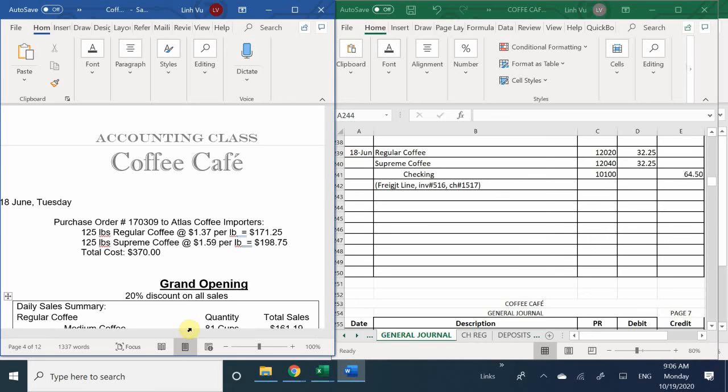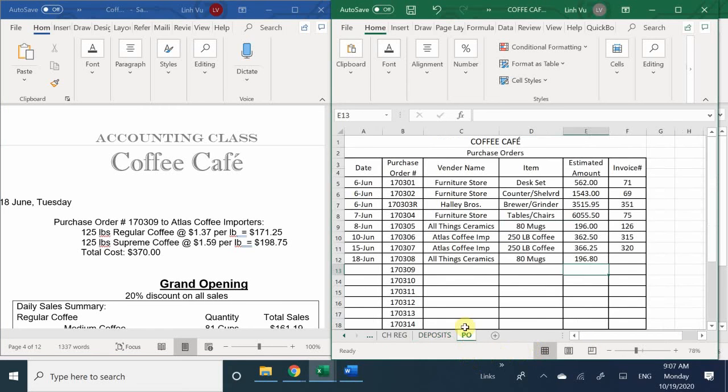I am in the journal. You are going to record it? No, it's a purchase order. It's a purchase order. Good. So where are we going to do that? The purchase orders.